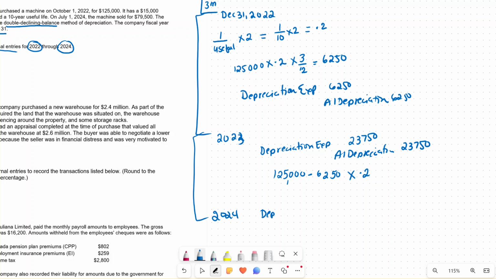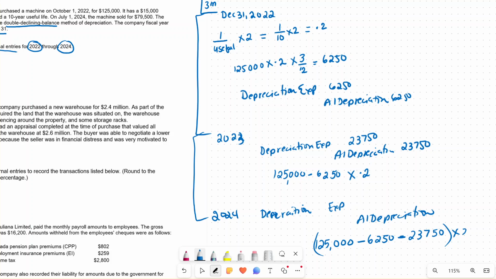My debit will be the same, depreciation expense and accumulated depreciation, and the amount will change. That will be the 125,000 I started off with. My first year's depreciation for the 3 months was 6250. In 2023, my depreciation was 23,750, and now I have to multiply by the 0.2, which is your 20%.